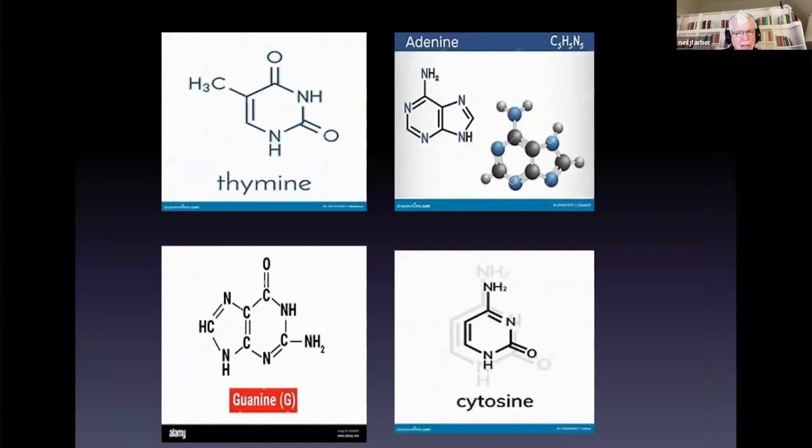Even better, these are the 4 bases that make up DNA. Okay, thymine, adenine, guanine, and cytosine. All 4 of these, in addition to uracil, were found on the surface of Bennu.